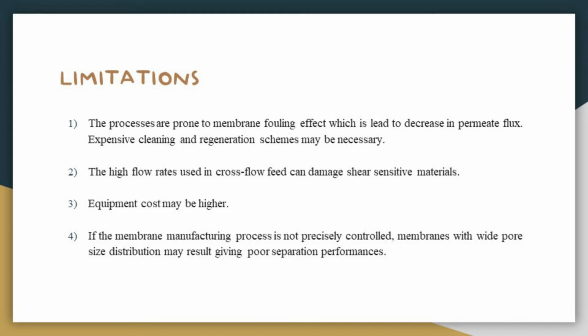It is expensive to clean, and regeneration schemes may be necessary. Next, the high flow rate used in cross-flow filtration can damage shear-sensitive material. And third, equipment may cost more.